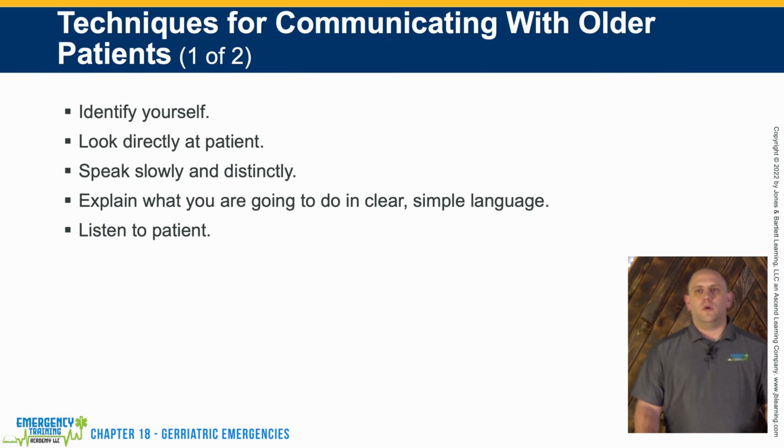And the most important part for me of communication is understanding that communication isn't just what I say, but also taking the time to listen to the patient. Sometimes it may take them longer to get out what they're trying to say. Family members may become irritated and impatient with these responses, but allow the patient that opportunity to communicate with you.